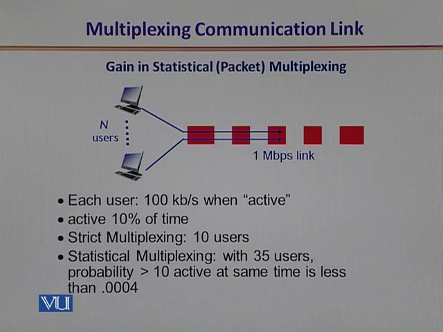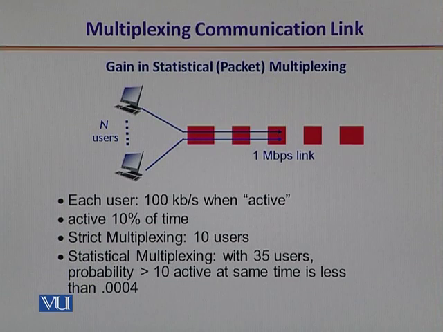So with statistical multiplexing, it has been observed, and you can even compute that a total of 35 users could be accommodated, and the probability that more than 10 users are active at the same time turns out to be 0.0004. It means the probability is close to 0.